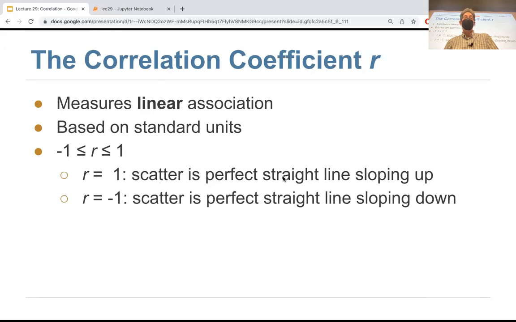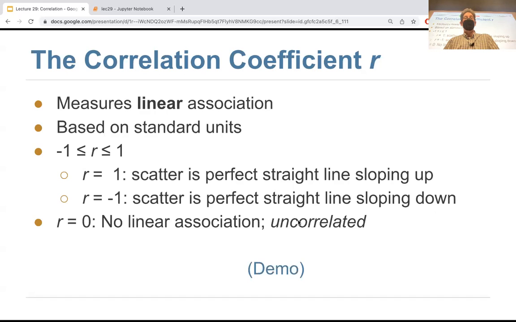You have an R of something else. Likewise, for R of -1, that means it's a perfectly straight line, but this time sloping downward. R of 0 means there's no linear association. And the technical term for this is that it's uncorrelated, since the correlation coefficient is 0.